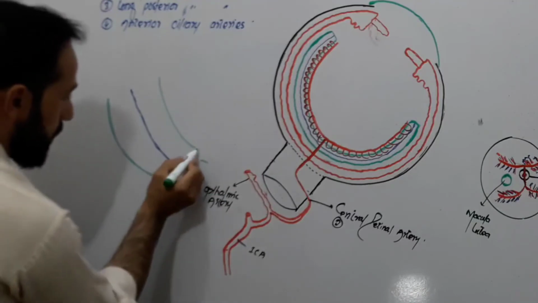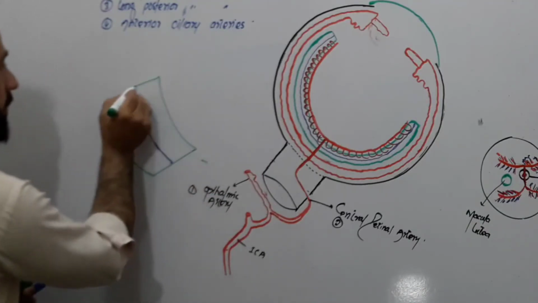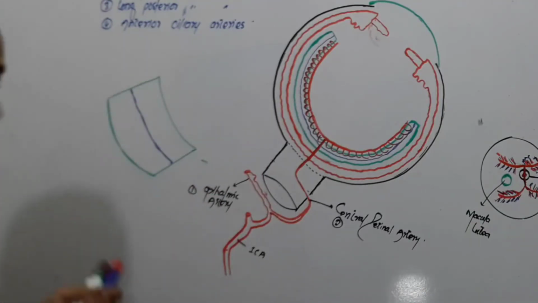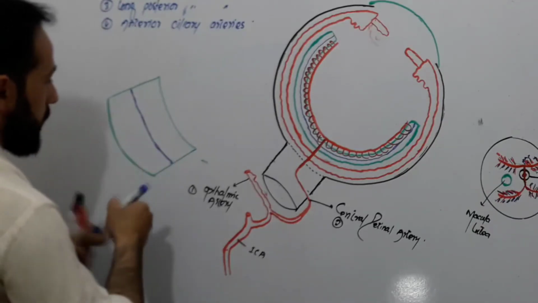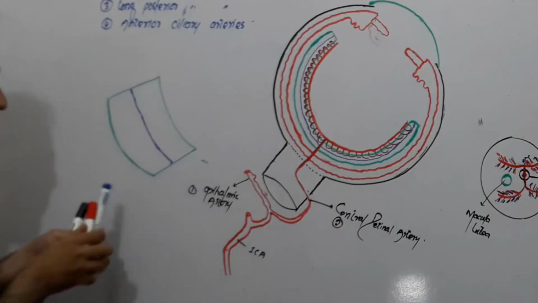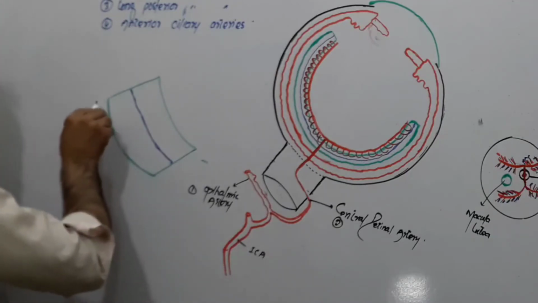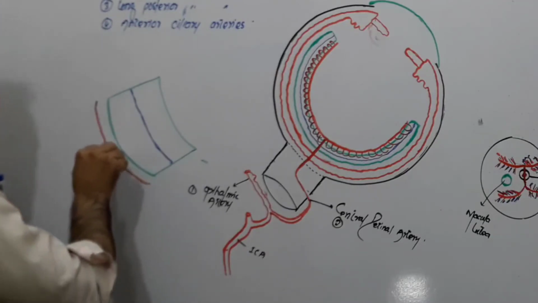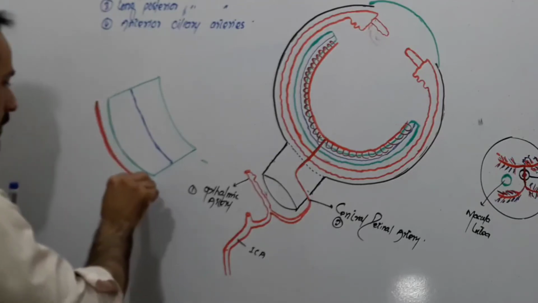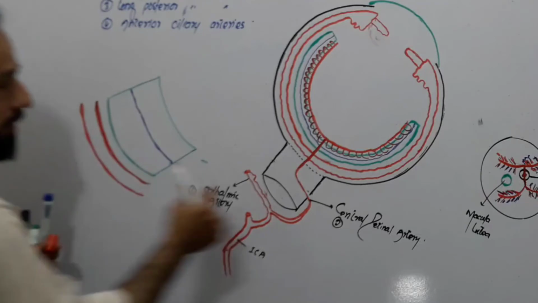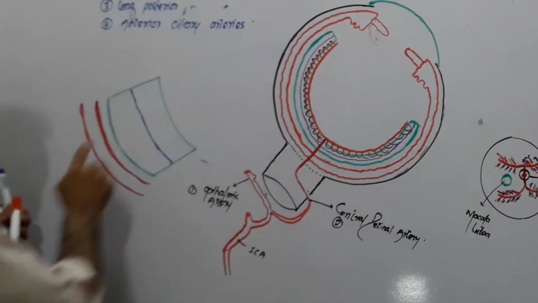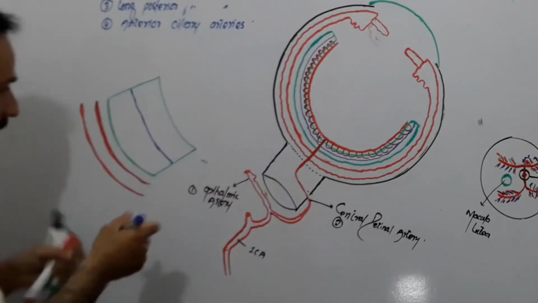And you remember, my dear friends, we had discussed the layers of the retina. There were 10 layers of the retina. So look carefully. For example, here is your choroid, this is your choroidal layer. This is the outer retina and this is the inner retina.